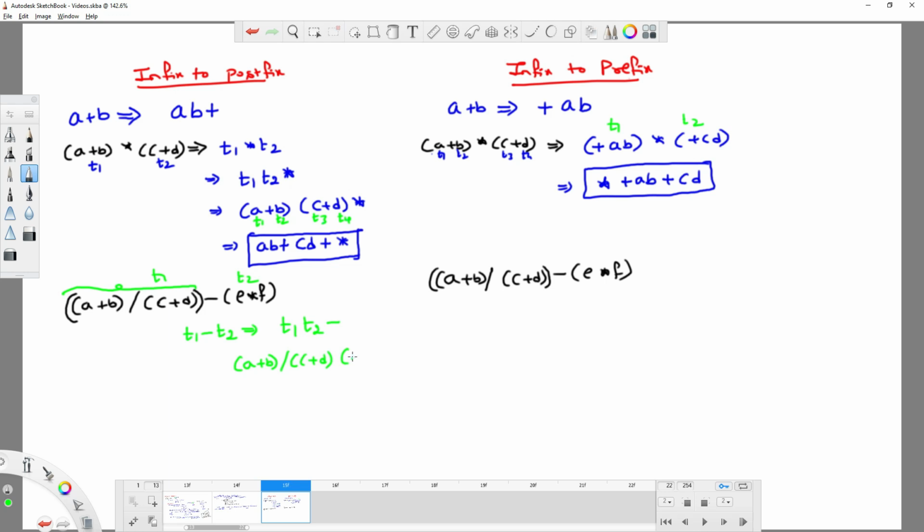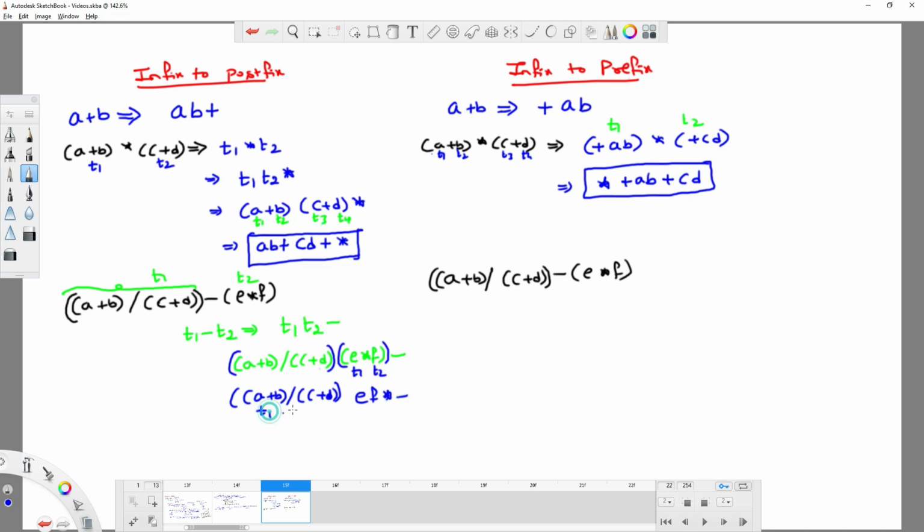What is T2? e star f, giving e f star. If you want, you can use the parentheses again. This one you can assume as T1, T2, T1 by T2. Then this one as T1, T2, and you can solve it. First I am going to solve this one: c plus d, T1, T2. Then the result is e f star minus. Done with that one.